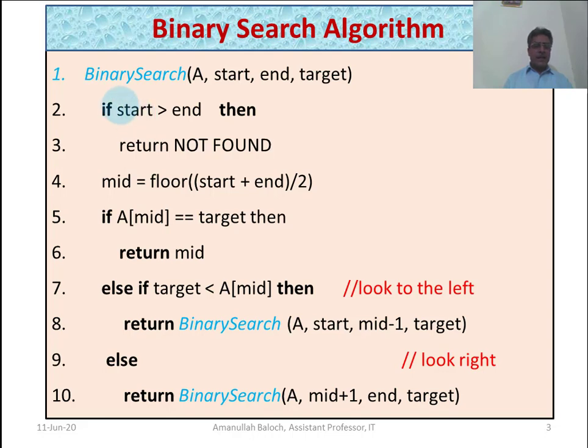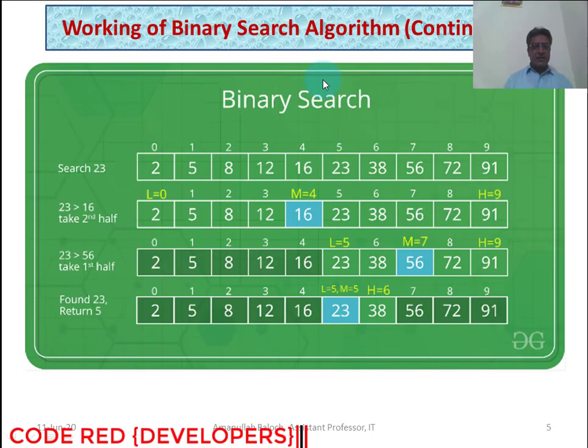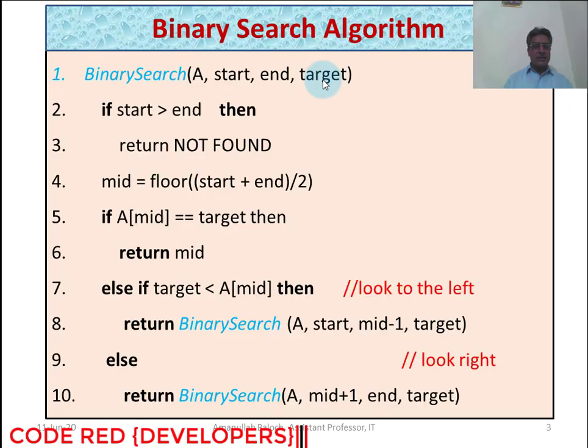Then it will assume that the target value is not present in the array. If this condition is not satisfied, it will continue the process of dividing.